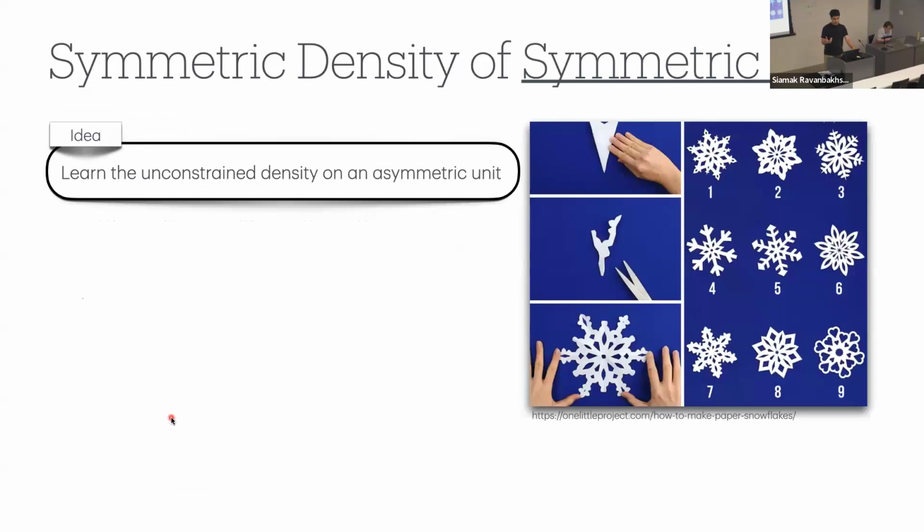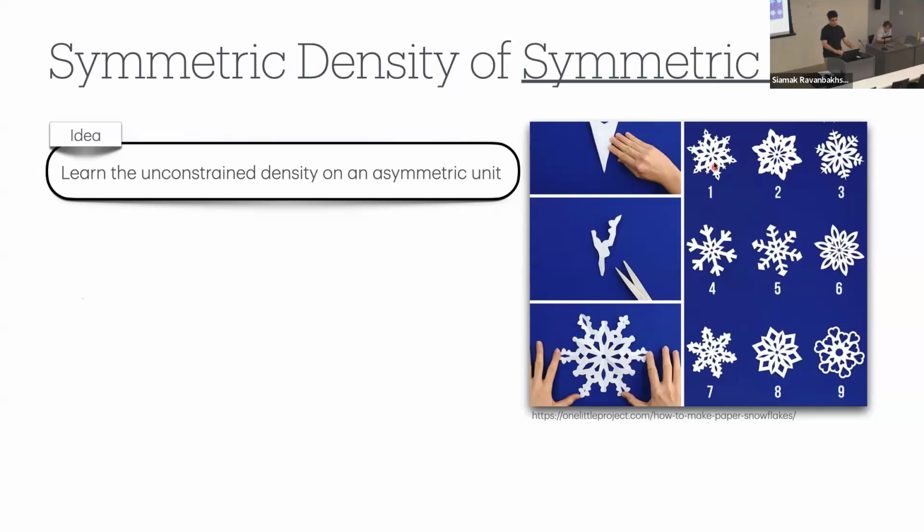Another related problem is that of generating symmetric instances, symmetric data. The idea could be explained using this example where you want to create a paper snowflake. You start folding this paper, and you don't worry whether the resulting snowflake will actually be symmetric or not. You just do your cuts and then unfold, and you get something symmetric.